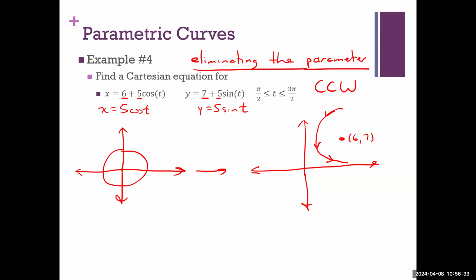That's a good question. So the question was, is it these functions or the interval itself that tells you counterclockwise? Let's break it down. Does the interval have anything to do with it?